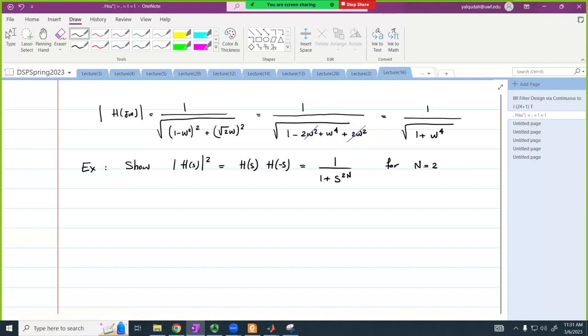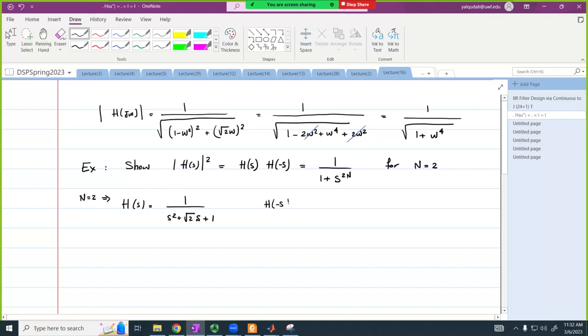This is always true, but we're going to show it for n equal to 2. So if we have H(s) for n equal to 2, H(s) is going to equal 1 over s squared plus square root of 2 multiplied by s plus 1.